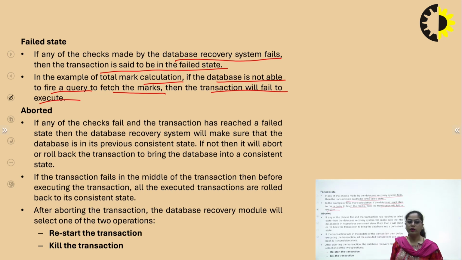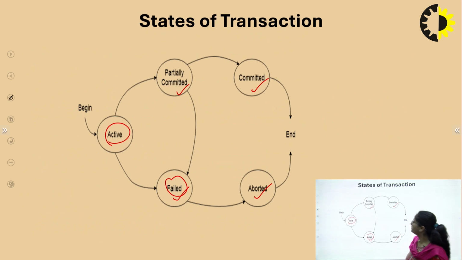And one more thing: only when the transaction is partially committed can it go to the failed state. We cannot draw the arrow from committed to failed state.